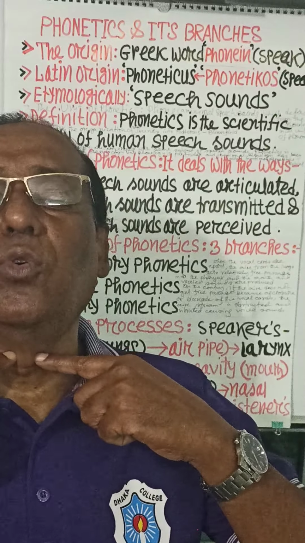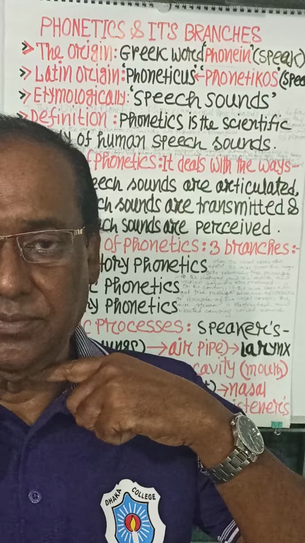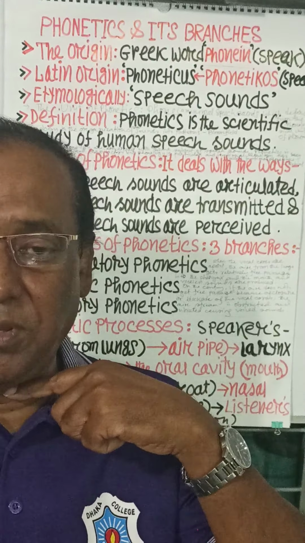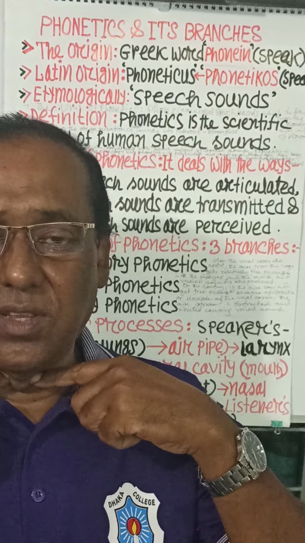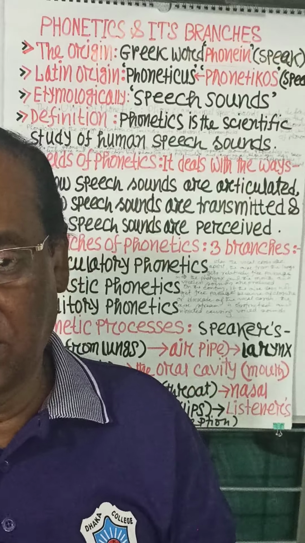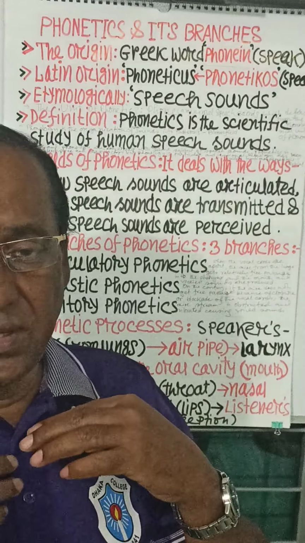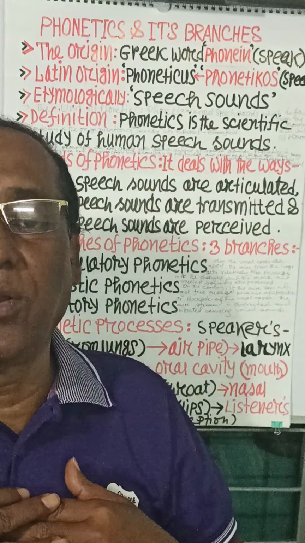We have two vocal cords here, and there is a space between the two vocal cords which is called glottis, and glottis is located at the top of our windpipe.